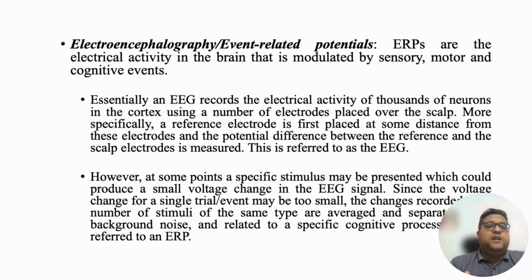EEG has a very good temporal resolution because it captures the electrical activity of the neurons in real time and can tell us about the happenings in the brain with respect to a particular stimulus at a very highly resolved time scale.